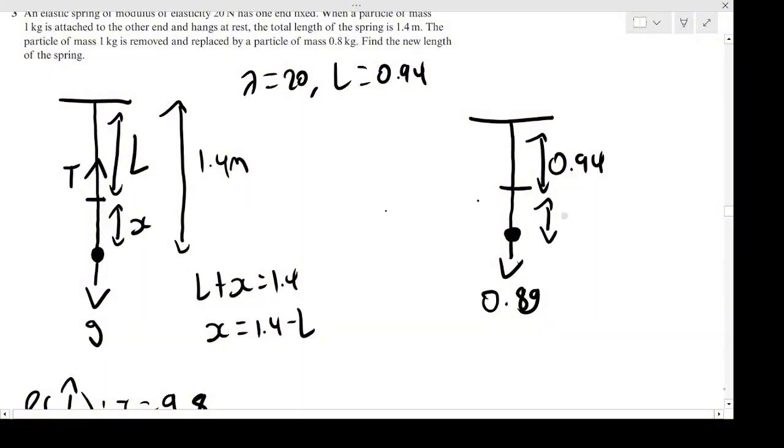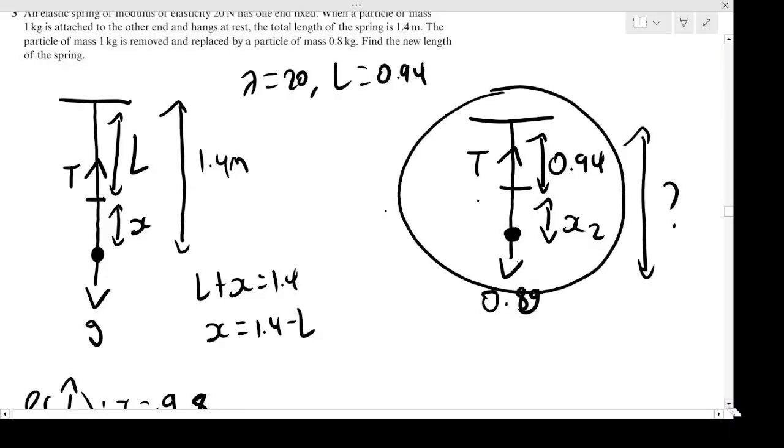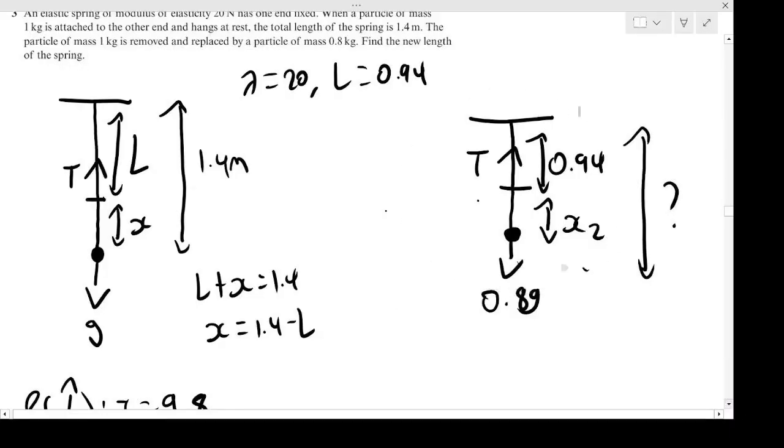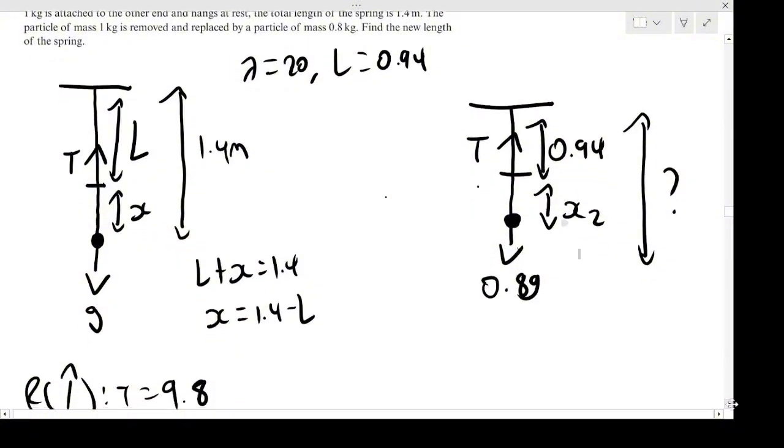So I'm going to call that X2, the extension in this scenario. So there's my tension force. And they want me to find the new length, the total length in this scenario here. So obviously in order to do that, I'm going to need to find the extension. So hopefully happy with the setup.